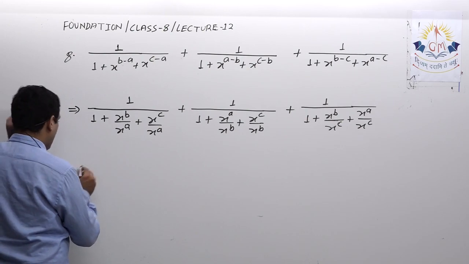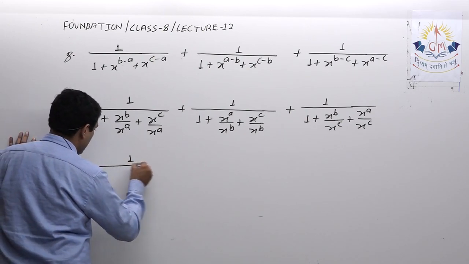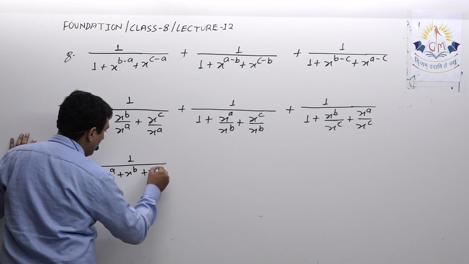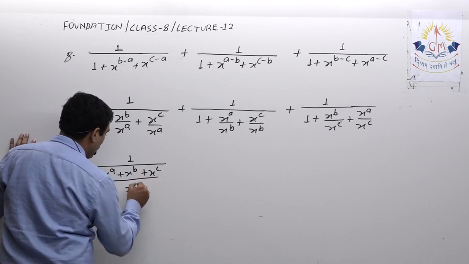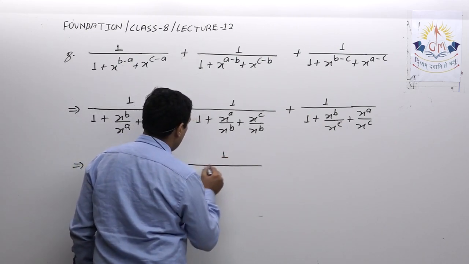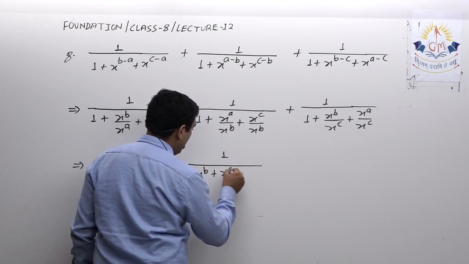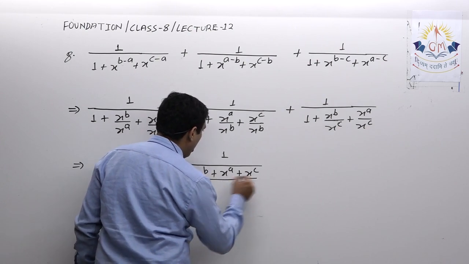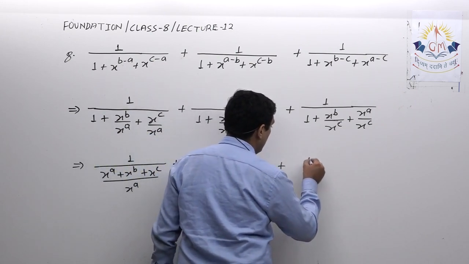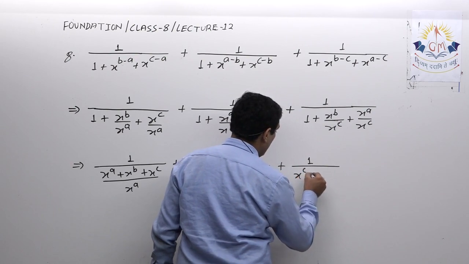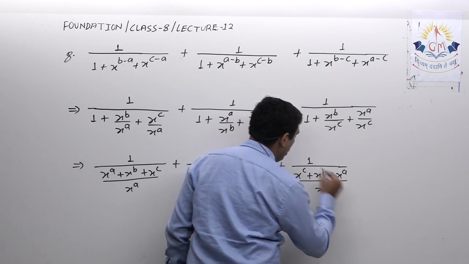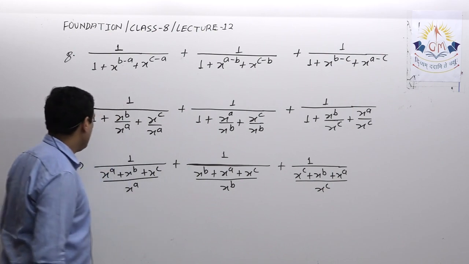So the next step that I can write is 1 upon x raised to a plus x raised to b plus x raised to c upon x raised to a, plus 1 upon x raised to b plus x raised to a plus x raised to c upon x raised to b, plus 1 upon x raised to c plus x raised to b plus x raised to a upon x raised to c. Okay, this is almost done.